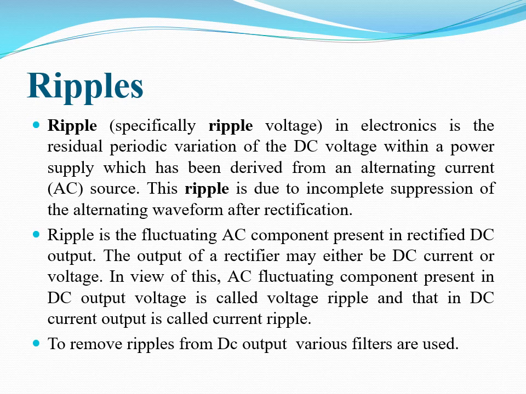To remove ripples from the DC output, various filters are used. So basically ripples are unwanted factors which we don't need in our DC. When you convert AC into DC, some AC factors are still there in the DC output. So to remove those factors, we use various types of filters.